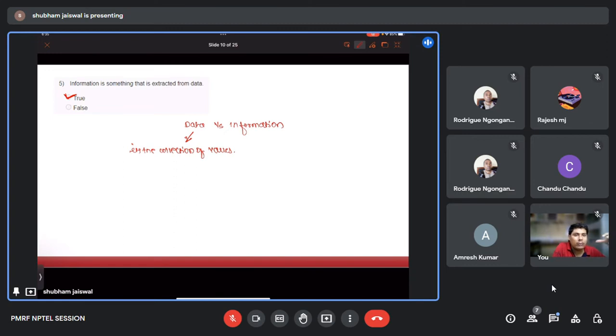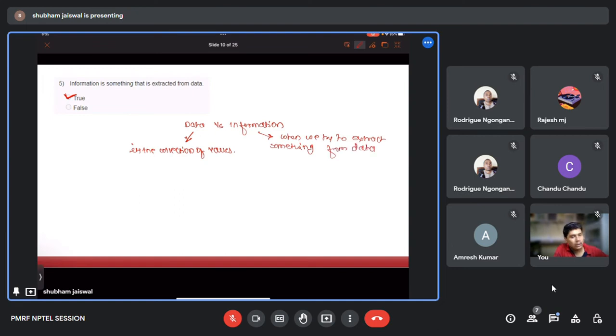We can infer or conclude from that data, and that is known as information. What inference or conclusion I am getting from the data is known as information. So it is nothing but the way we try to extract something from data.